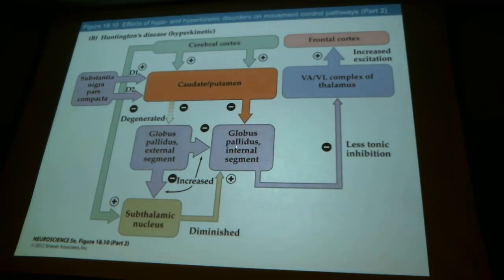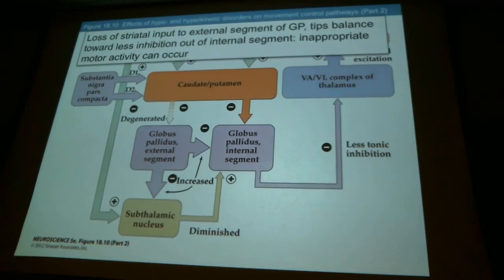So in the end, there's less tonic inhibition, and this allows really inappropriate gating of movement. That's why you get those jerky muscles, because you can't suppress those inappropriate motor plans. So loss of striatal input to the external segment tips the balance toward less inhibition of the internal segment, and that's when you get this inappropriate motor activity.